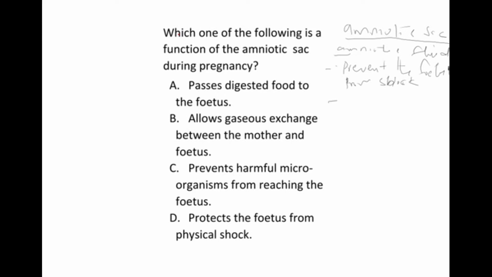2. Allows free movement of the fetus in the womb, or the uterus. 3. It prevents the fetus from drying.